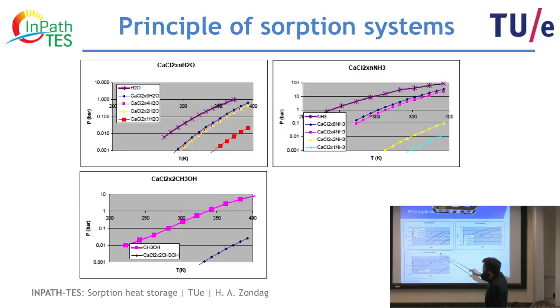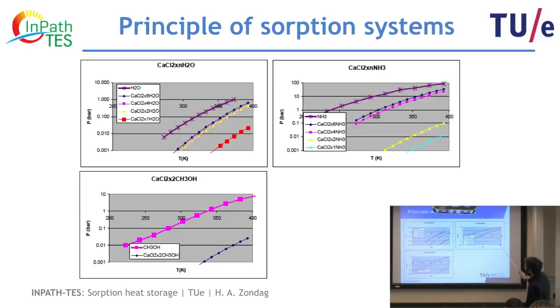Well, over here I plotted for all cases calcium chloride, but in this case absorbing water. So we have monohydrate, 2 hydrate, 4 hydrate, 6 hydrate, and the water line. For methanol, we have the monomethanolate and here the methanol line.